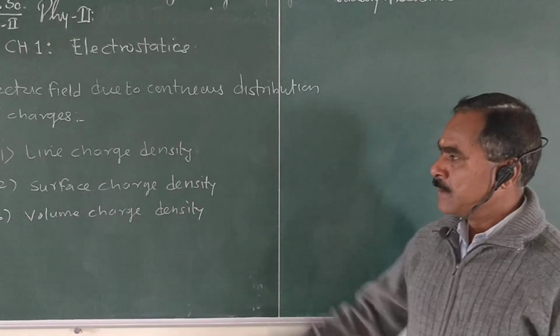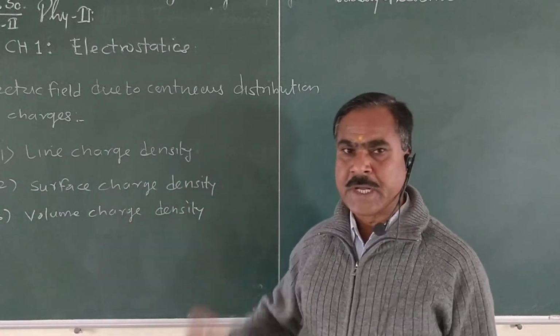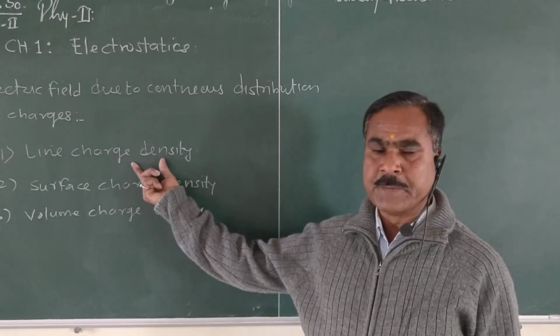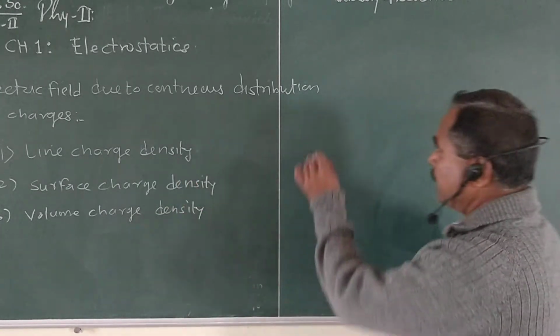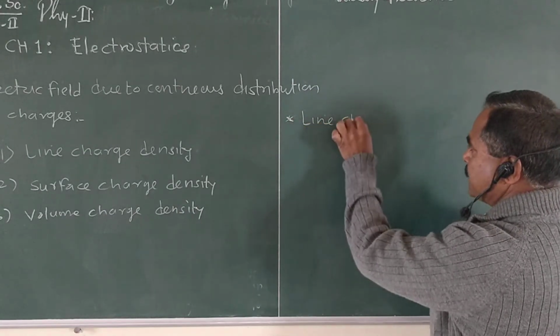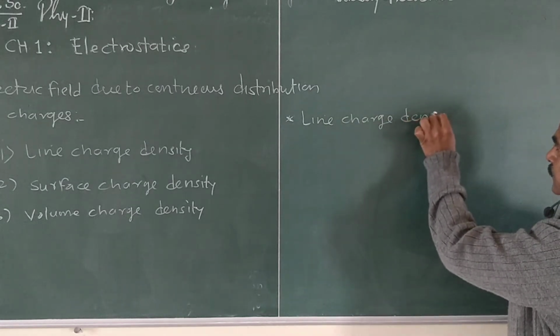Okay, line charge density, surface charge density, and volume charge density. Now, what is meant by line charge density? We take first line charge density.